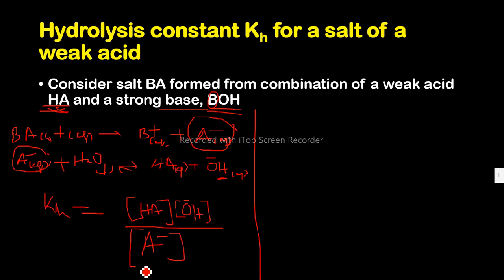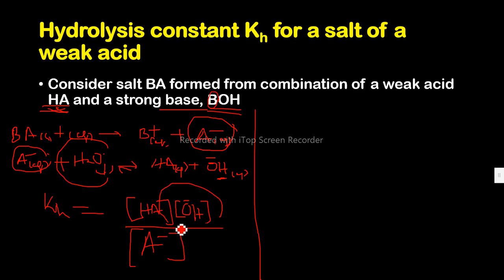Now, you would have put water, but here water is in large excess. Since water is a solvent, the water is in large excess. And this is our expression for KH, or hydrolysis constant.